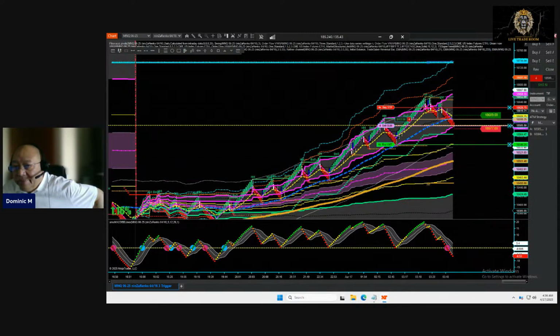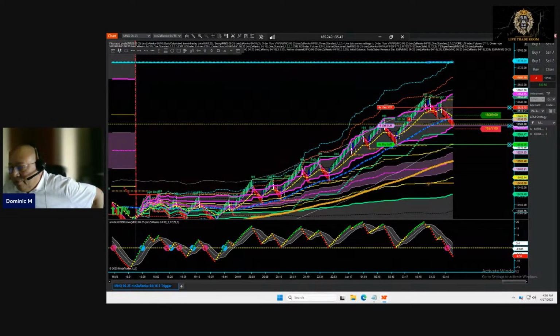The volume profile is levels based on volume, and in my lack of understanding to use that, I use basically the deviation levels of the VWAP.